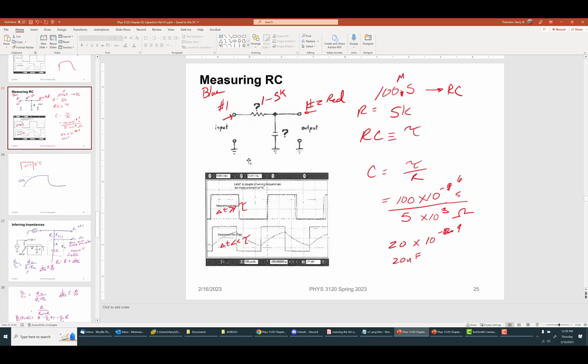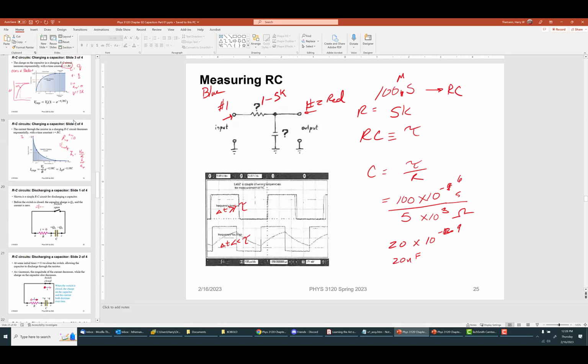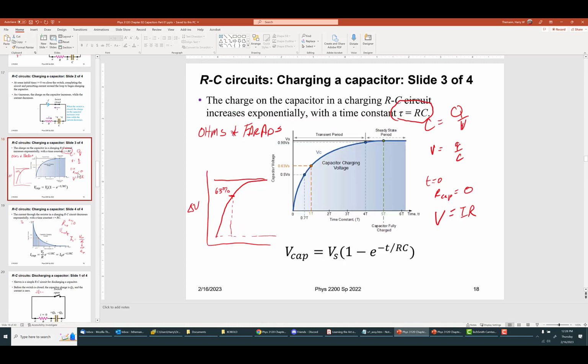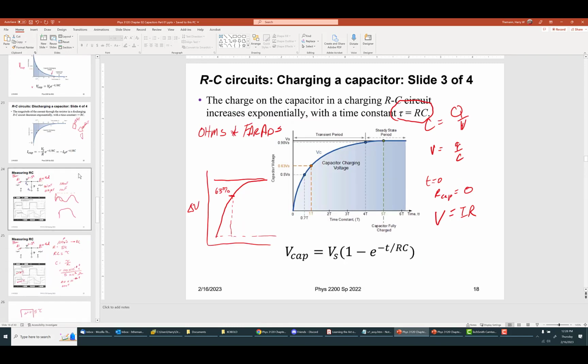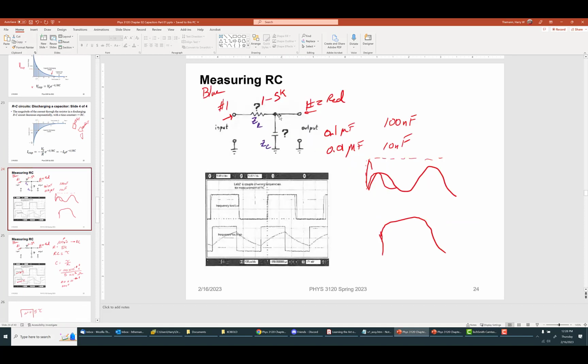And then we have to figure out how to delineate the shape that we expect to see, because we're looking to see the shape of the voltage across the capacitor. And notice that V out is the voltage across the capacitor.